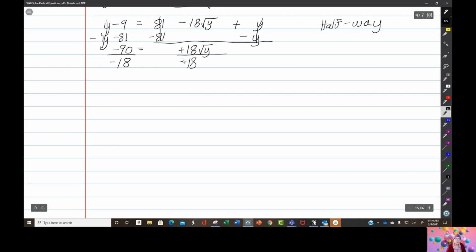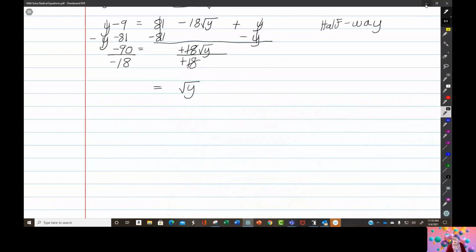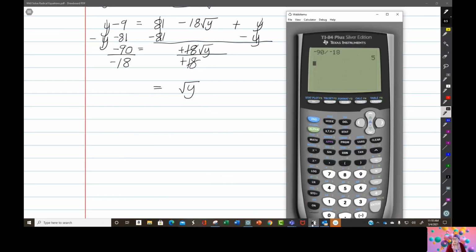So the negatives cancel, the 18s cancel, and you're left with the square root of y. Negative 90 divided by negative 18 according to my calculator is 5.